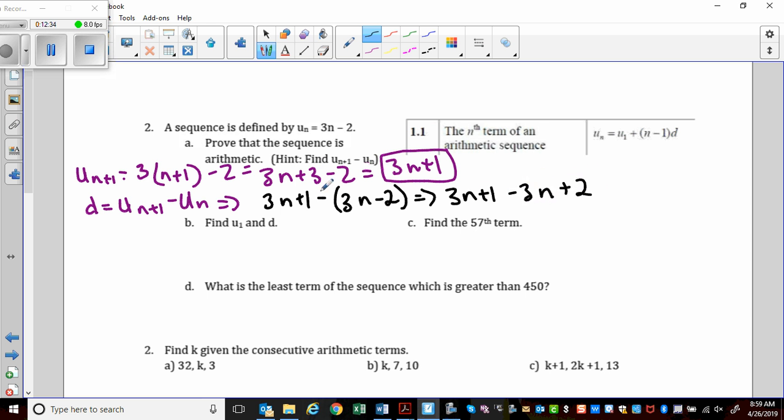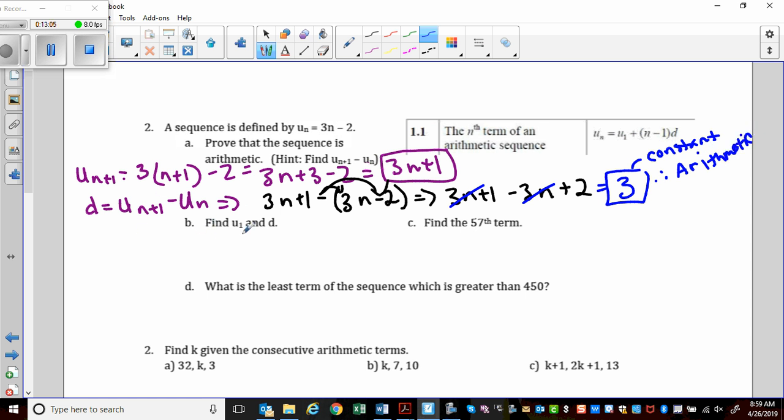I just distributed this negative sign to both. And 3n minus 3n is just 0. And then 1 plus 2 is 3. So this is the constant. This is a constant. So therefore, it is arithmetic. Like a little proof in here.